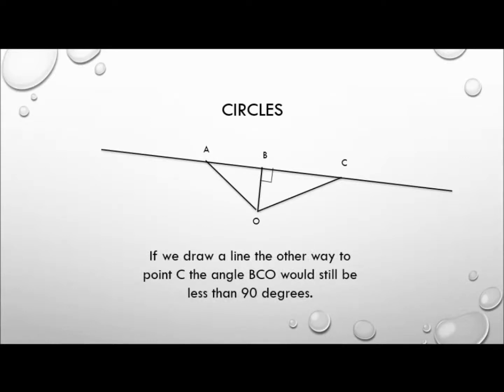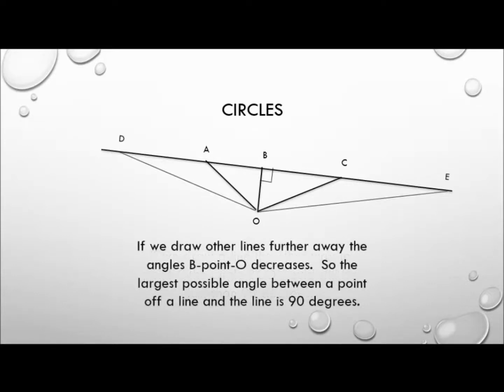If we draw a line the other way to point C, the angle BCO would still be less than 90 degrees. If we draw other lines further away, the angles B to that particular point and O decreases, so the largest possible angle between a point off a line and the line is 90 degrees.